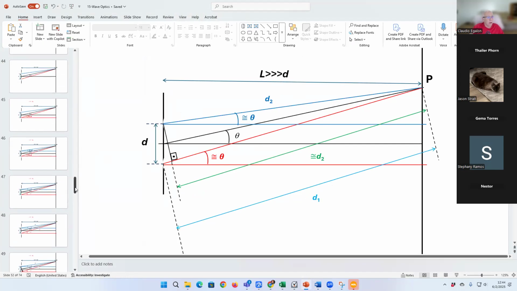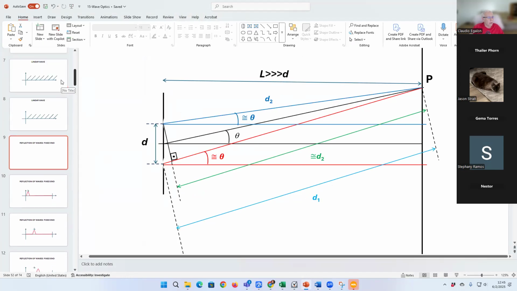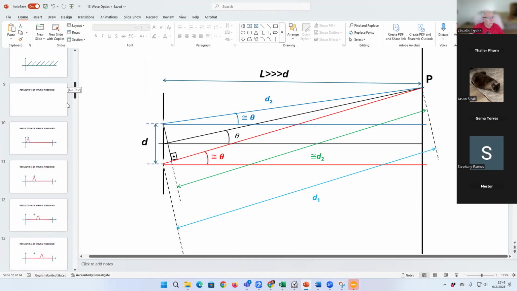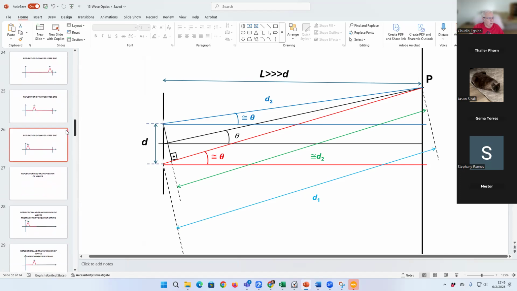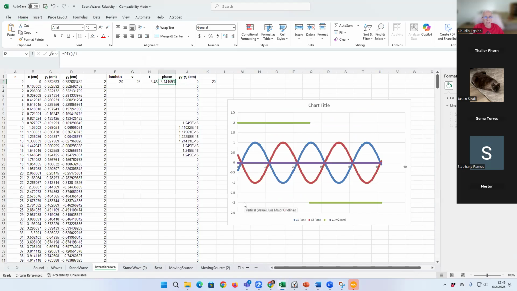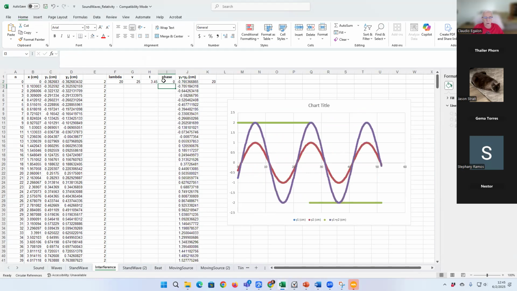Just go back to that simulation that I showed to you, right? Here you go. When the phase difference is equal to 0, what does it mean? It means that one wave coincides with the other wave, okay?